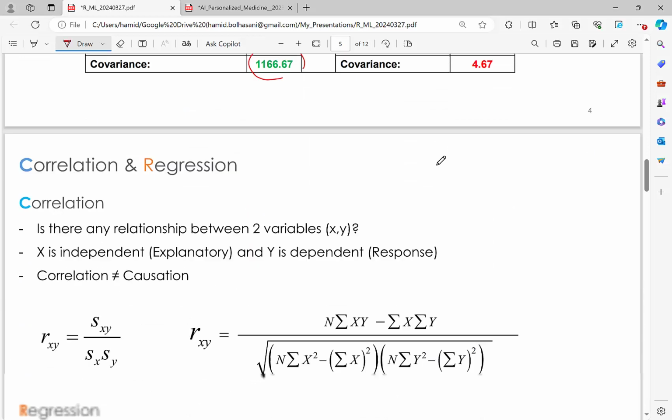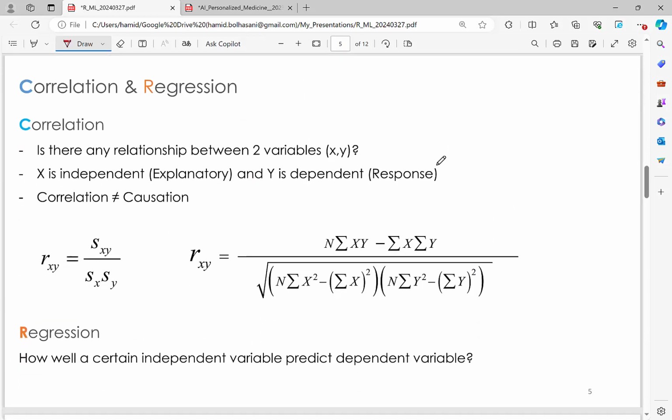So let's see the meaning of correlation and regression. Correlation: is there any relationship between two variables x and y? That is the meaning of correlation. In correlation, we are seeking a relationship between two variables x and y. X is independent or explanatory, and y is dependent, the response.